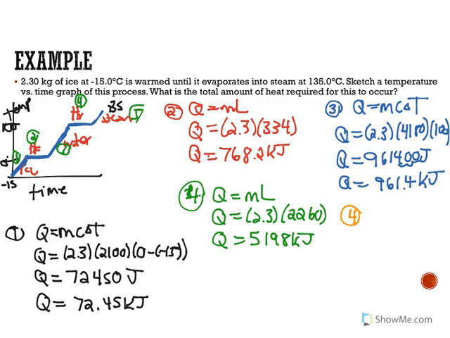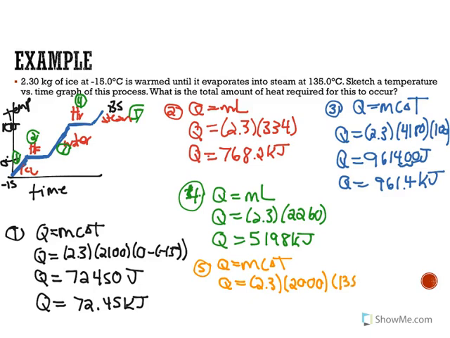Number 5. It's a good thing I messed up on that because I'm going to have to switch where I'm writing this. Oh, I'm running out of room. 5. Q is equal to mc delta T. Q is equal to 2.3. And now this is steam. You can take a look for the value for steam, which is 2,000. And then it's starting at 100, going to 135.